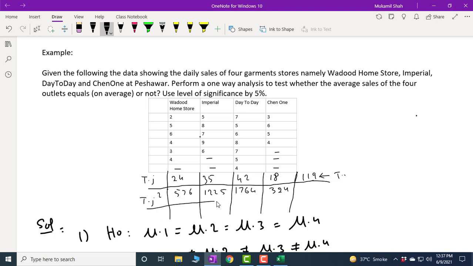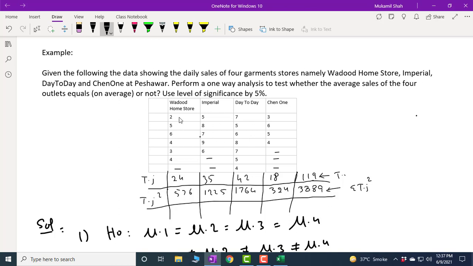If you add these values up horizontally, this is equal to 3889, and this is summation t dot j square. And ultimately we have to take the square of all these values.